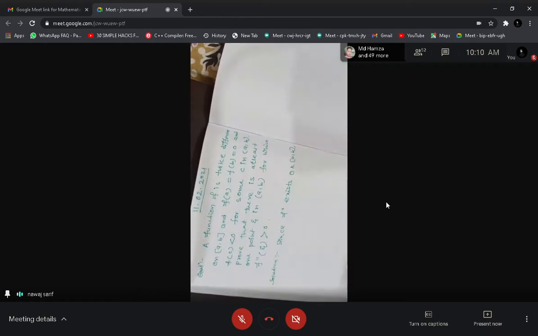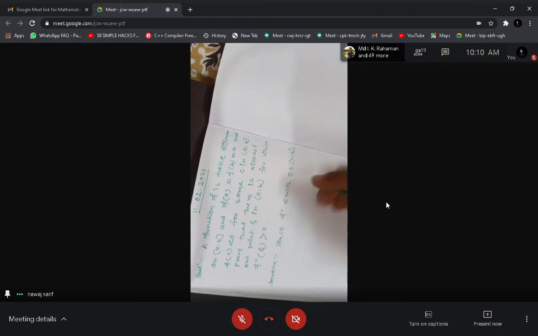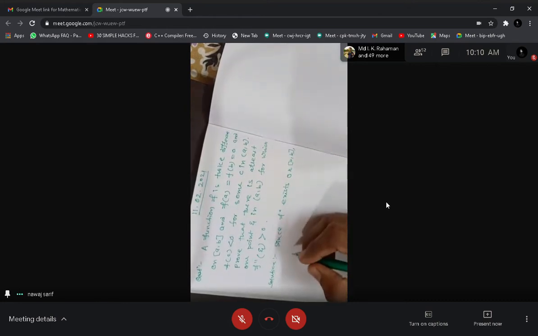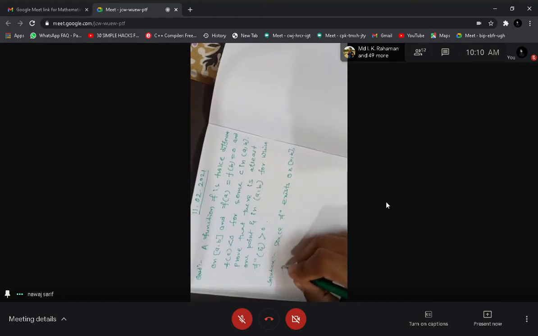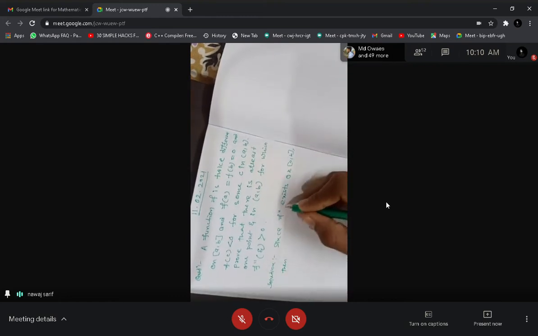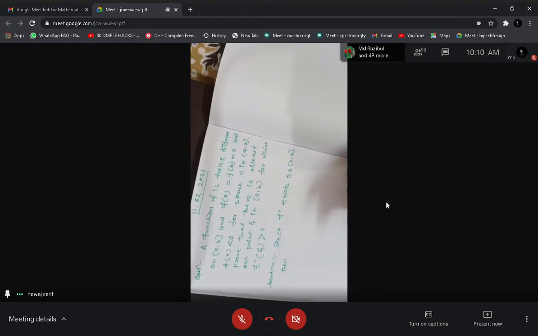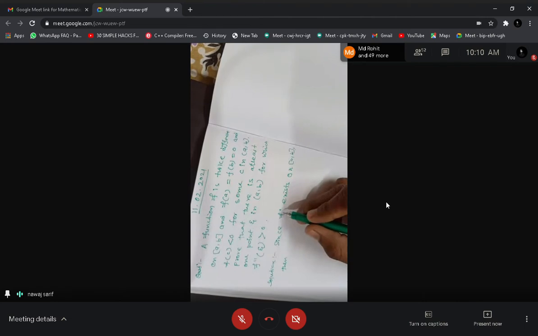Then what can we say about f and f dash? f dash is the derivative of f. f double dash is the double derivative of f. A single dash is the derivative and a double dash is the double derivative.